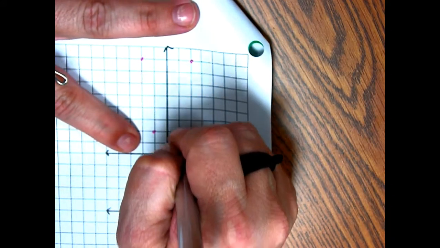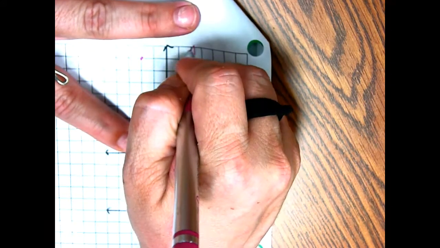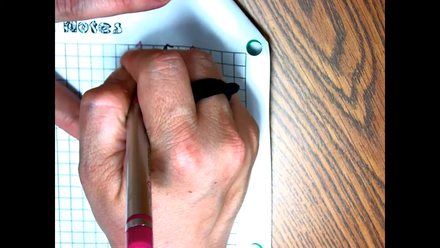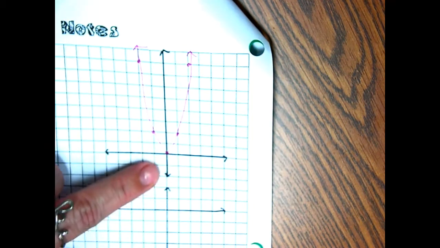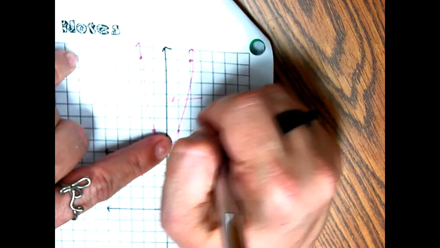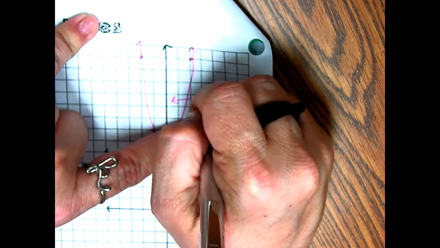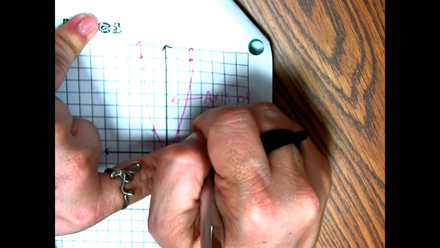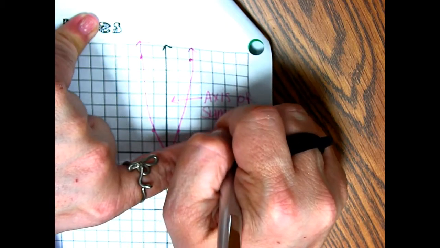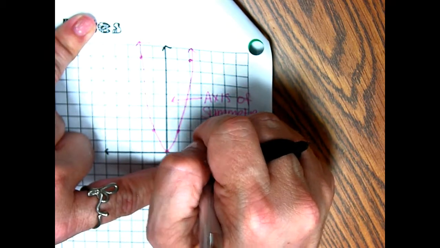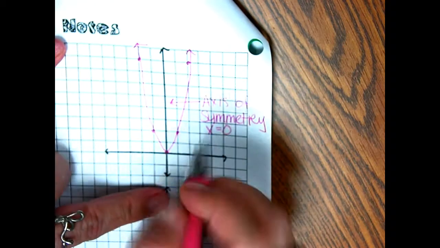It's kind of easiest to start at the middle and go like that. So my axis of symmetry is actually the y-axis, so that is x equals 0.